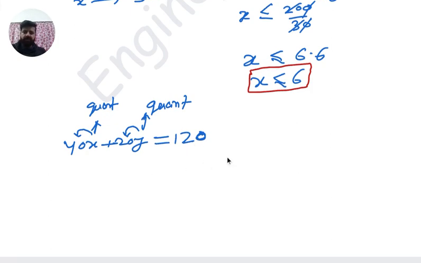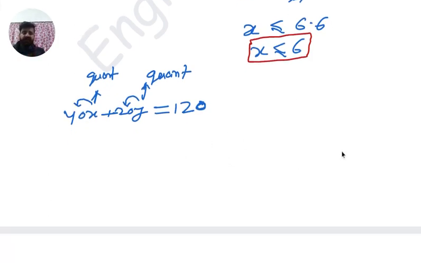So how to solve this? I can solve this if I say that I will purchase minimum x, and minimum x will be 0. If I don't purchase this quantity, I will put x equals 0. Now I will solve it. 0 plus 20y equals 120.